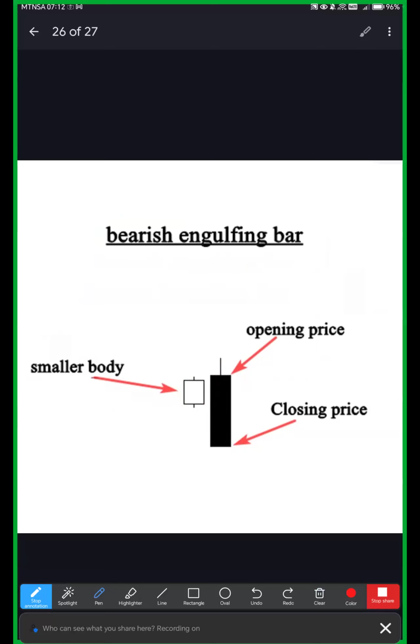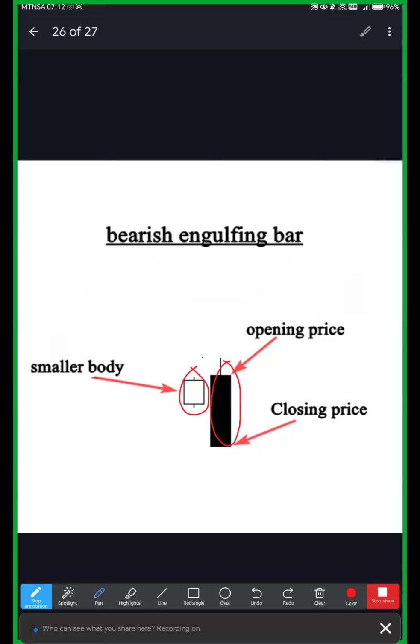The bearish engulfing bar is one of the most important candlestick patterns. The candlestick pattern consists of two bodies. The first candle is a smaller candle than the second one, as you can see here.